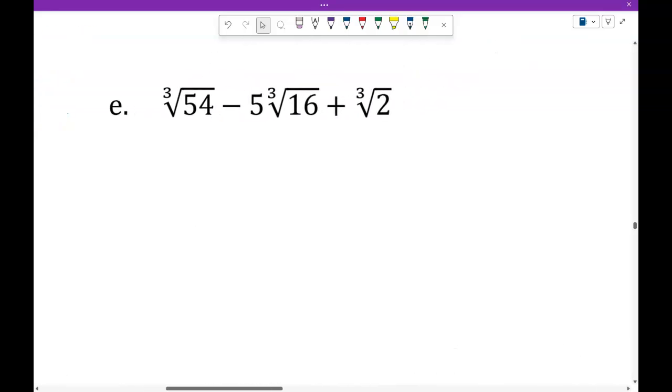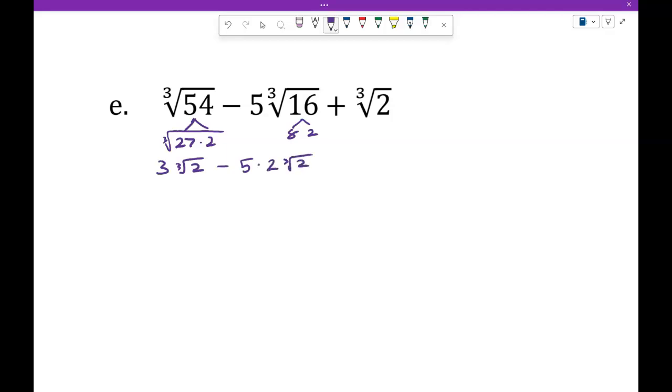We have 3 radicals to simplify here. Cube root of 54. We can split this into 27 and 2. So the cube root of 27 is 3, cube root of 2. 16 we can split into 8 and 2, so 2 times 2... 5 times 2 cube root of 2. And this is already simplified.